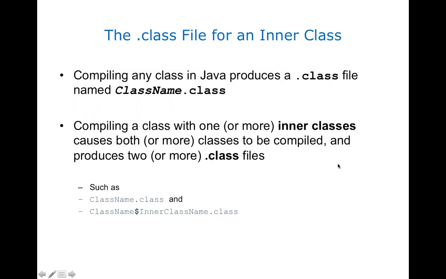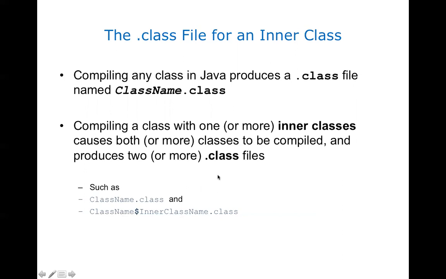If you have one outer class and one nested class, then ClassName dot class is for the outer class, and ClassName dollar InnerClassName dot class is how the dot class file will be generated for the inner class.